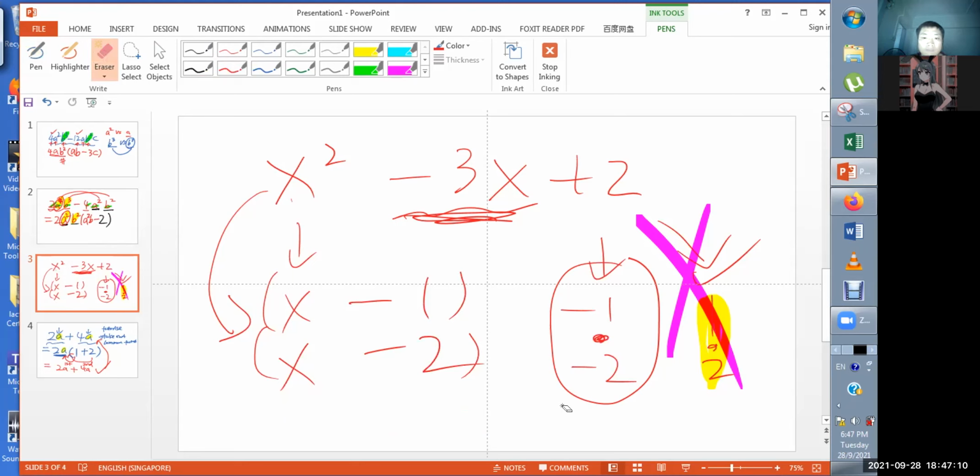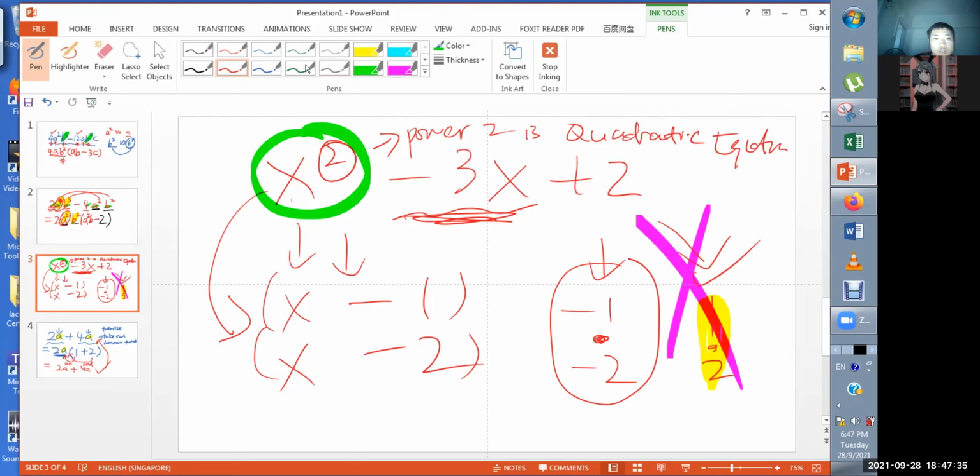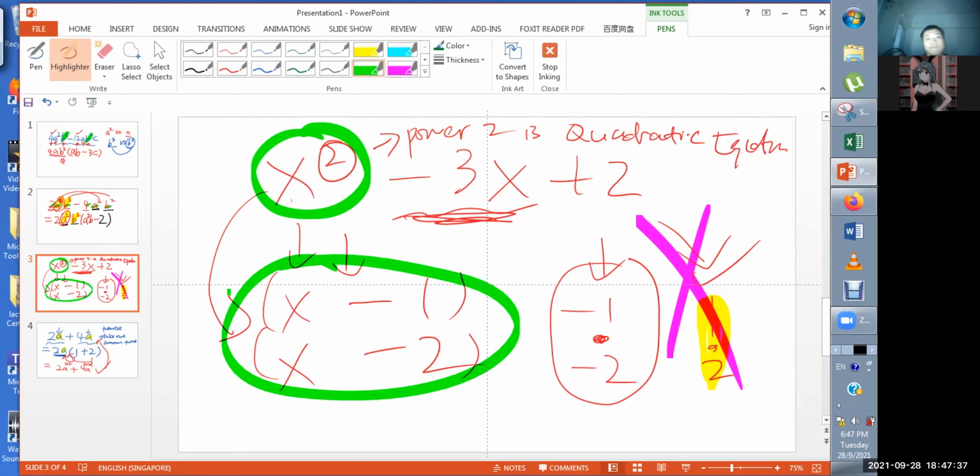No, I'm asking how to identify which method to use. You mean factorization? If you see a quadratic equation, what is a quadratic equation? Power 2 is a quadratic equation. Once you have a quadratic equation, then you need to do factorization like this. That means they should look something like this.